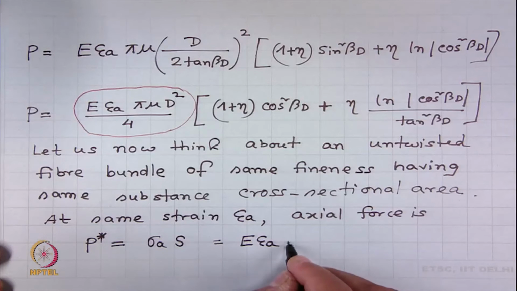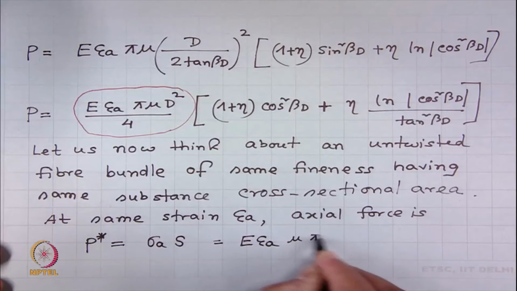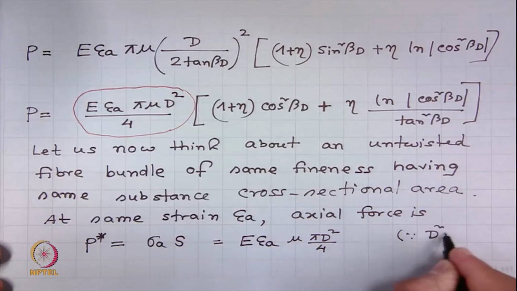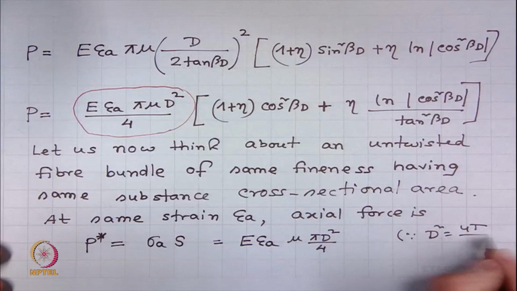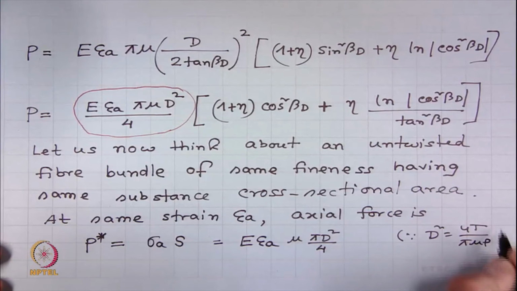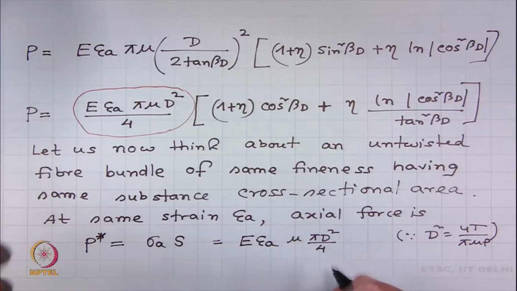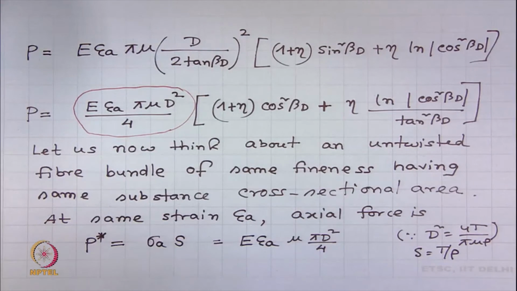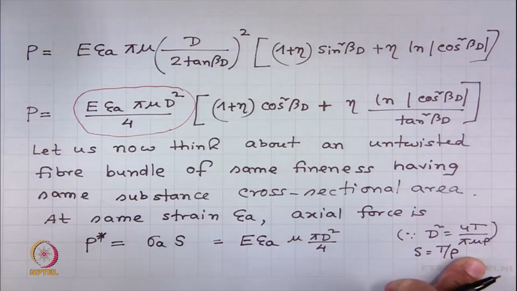S is mu times pi d square by 4, since d square is equal to 4S by pi mu, and S is equal to T by rho. This we learned in module 2.